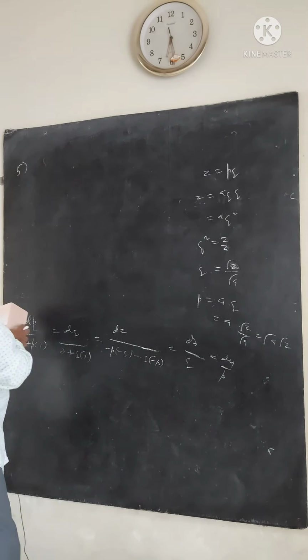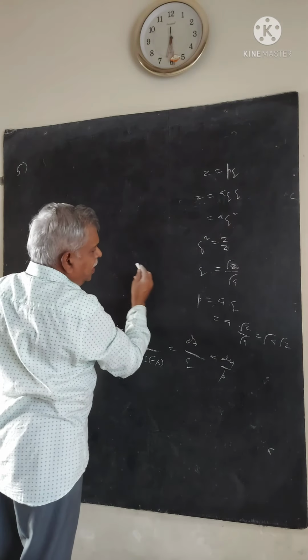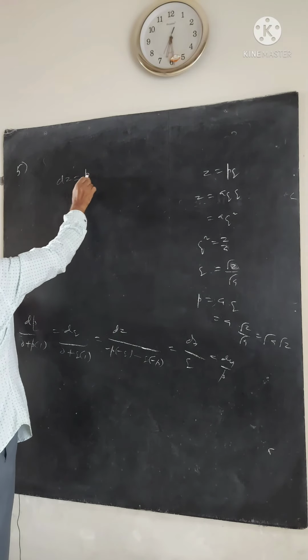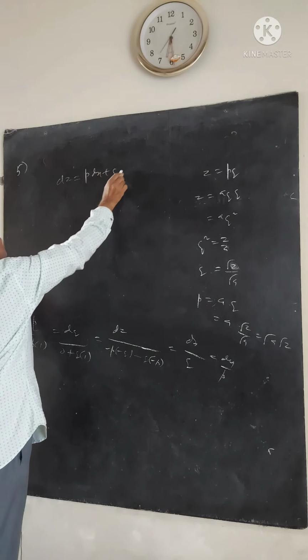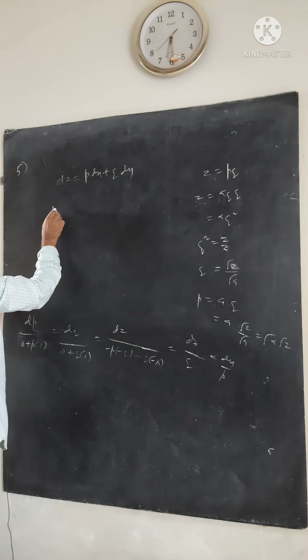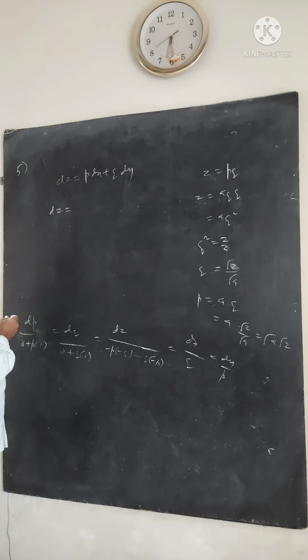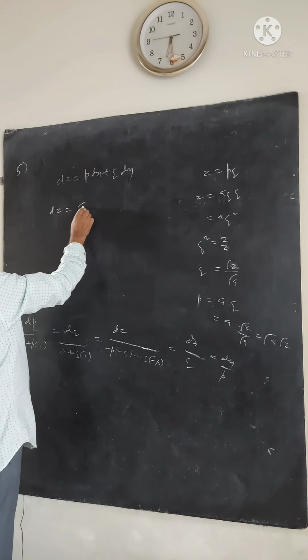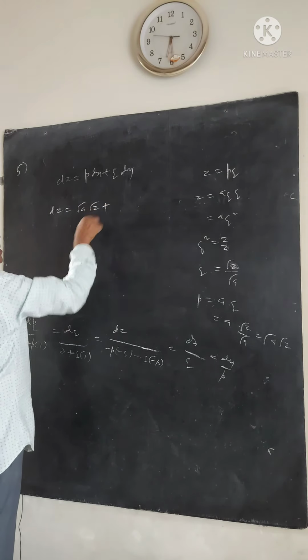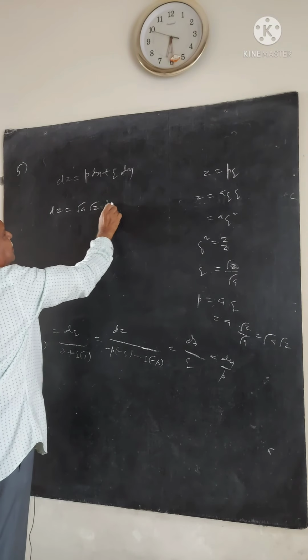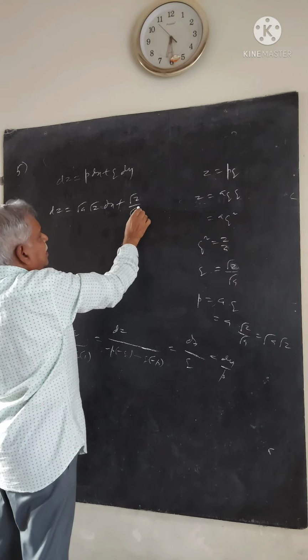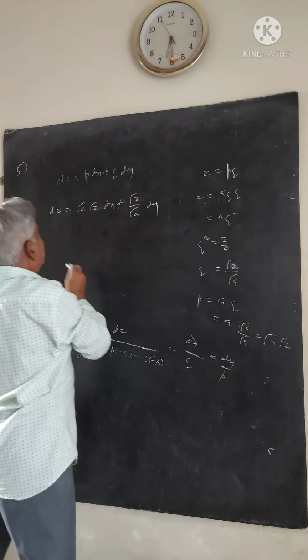Apply this p and q in the result giving form, dz equal to p dx plus q dy. p is root a root z dx, q is root z by root a dy.